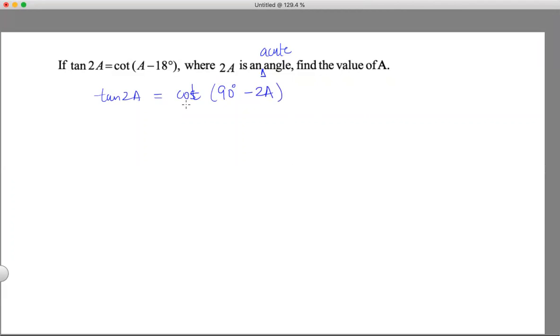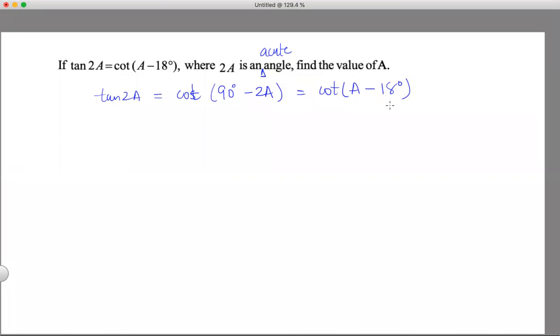Okay, very good. So अब हमें दोनों साइड cot आ जाएगा इससे. See, what we are trying to do here, anybody who has not understood, कि हमारा कोशिश ये है कि हम किसी तरह से we come out of the trigonometric ratios. तो हमने इसको भी cot की फॉर्म में लिख दिया, तो cot of if two angles are equal and both the angles are acute, then we can directly go and say that the angles are equal.